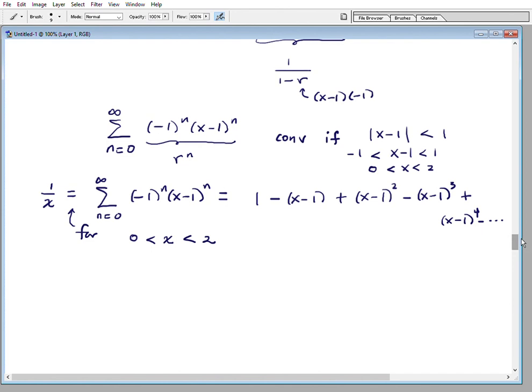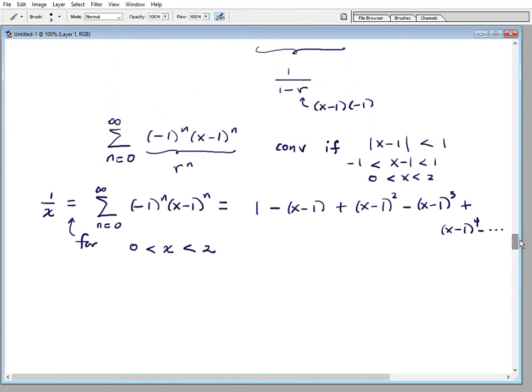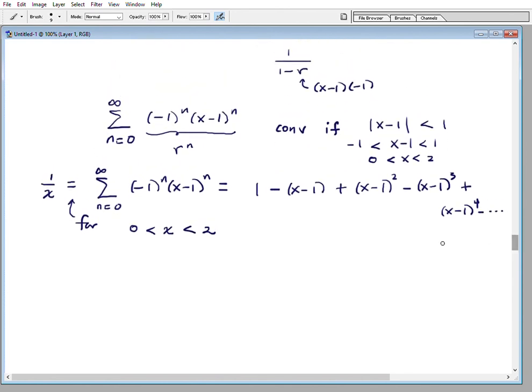I'll do that next time, but what I want to end with now is just convince you that this makes sense, that 1 over x is equal to this for something between 0 and 2. So let's try x equal 2/3. So f of x equals 1 over x. We know what f of 2/3 is, just 1 over 2/3, which is 3/2.